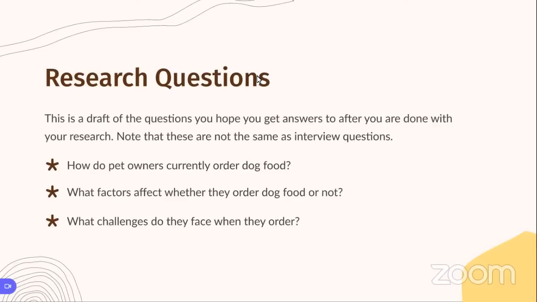Now, these are not the same as interview questions. These are more like the questions that will lead to the interview questions. You want to write out the things you're curious about when it comes to this research, and you can have as many as you want. You really can have as many as you want, but at the same time, try and stay focused on what matters the most to building the right thing.